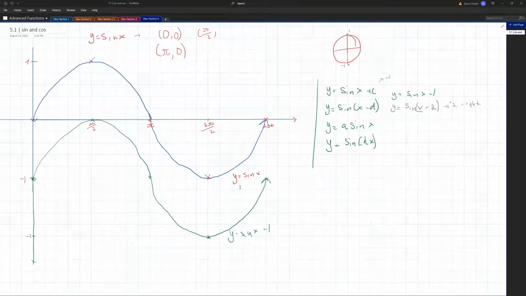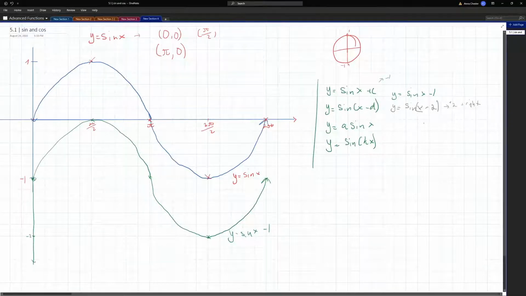For that reason, if you're given this kind of value, we're going to have to put this into a calculator and figure out that this is like 1.57. This is 3.14. So 2 would be around the distance over here. So that's 3 squares. So we're moving everything by 3 squares.